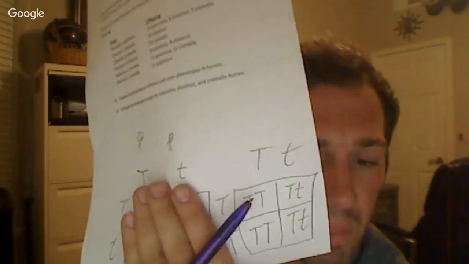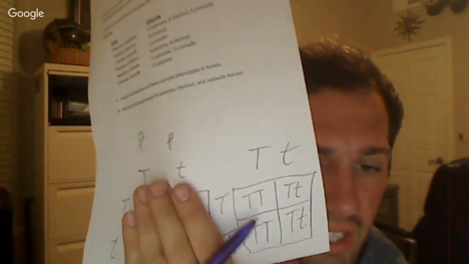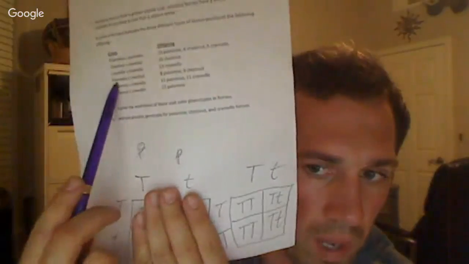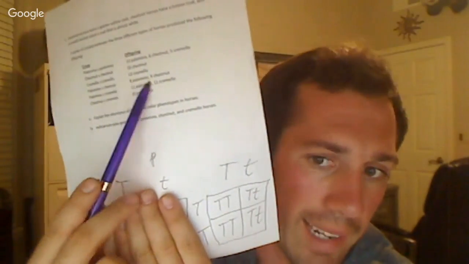So we got a big T, that's chestnut, and that's Palomino. And they said when a Palomino mixes with a chestnut, it gets about a 50-50 split, or 8 to 9, which is about the same. It does the exact same thing with a Palomino and a Cremello. You're going to have a lowercase t, and it's going to be a 50-50 split.